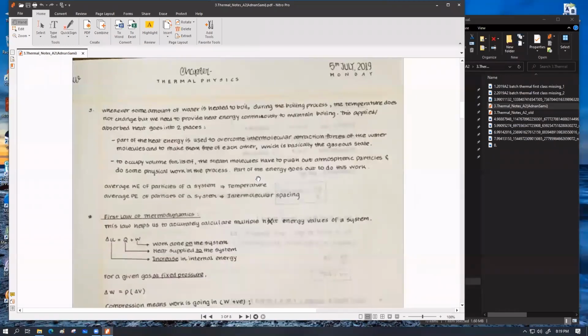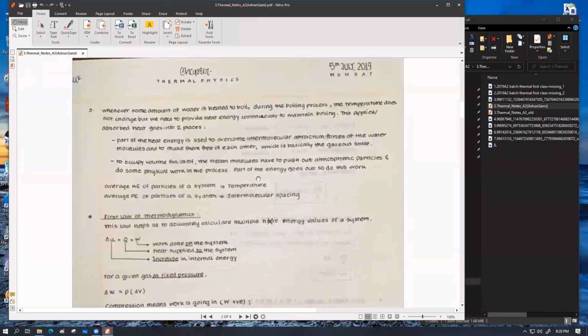So if I just give you a numerical example to give you a bit of an idea, let's say you have 100 water molecules which are currently in the water stage, let's say a drop of water, and you want to separate out all of those 100 water molecules completely from each other, converting the entire water drop into gaseous state. Let's say you're going to require 1000 joule.